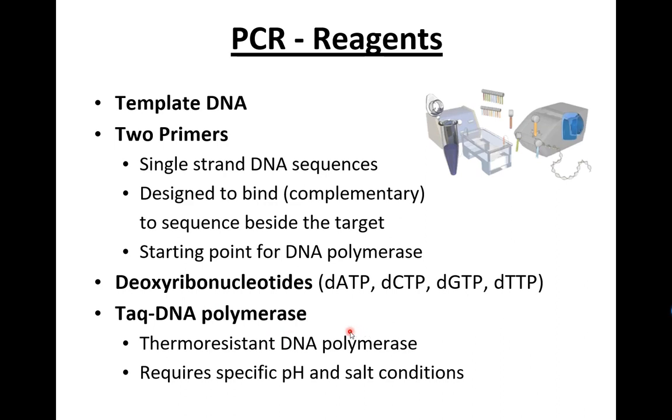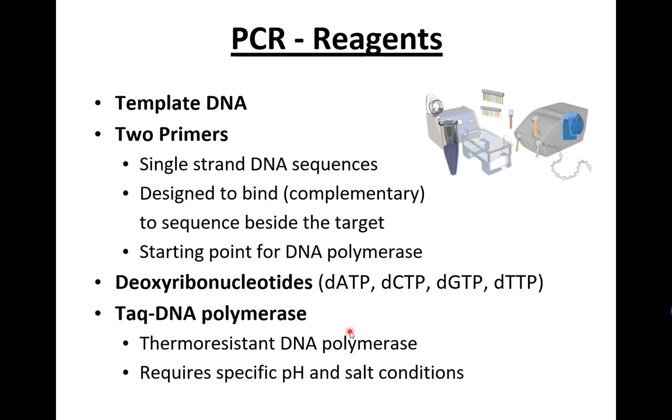The reason is that this technique also requires a step at very high temperature. If you were using a normal DNA polymerase, like a normal bacterial or eukaryotic DNA polymerase, at this high temperature it would be denatured. But this Taq DNA polymerase instead is resistant to denaturation at high temperature.